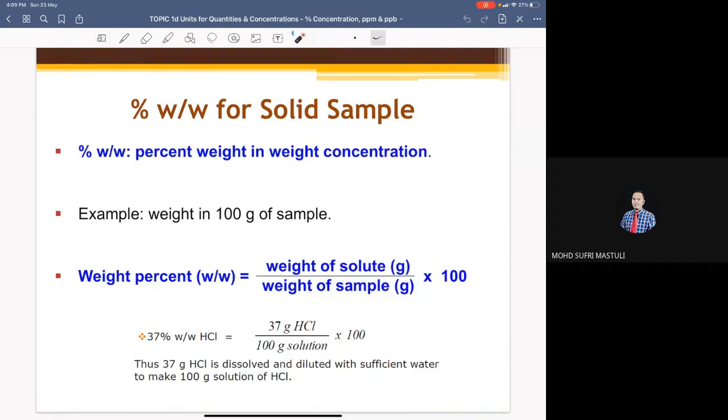So 37 gram of HCl is dissolved and diluted with sufficient water to make 100 gram of solution. So the solution produced has 37% weight per weight of HCl.